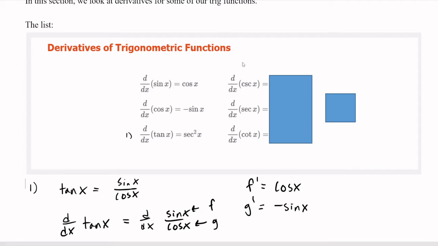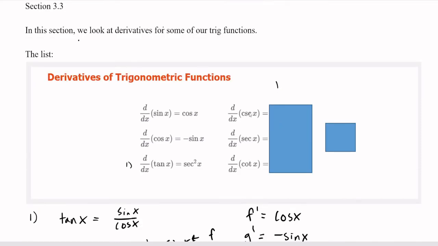And what I want you to just remember is, if you want to try to do the rest of these, which again, great practice for our rules. So if you want to do cosecant, you just have to remember cosecant, again, this is just our trig, is 1 over sine. Okay? Quotient rule again. F, G. Boom, do the quotient rule. Secant, 1 over cosine. Boom, do the quotient rule.